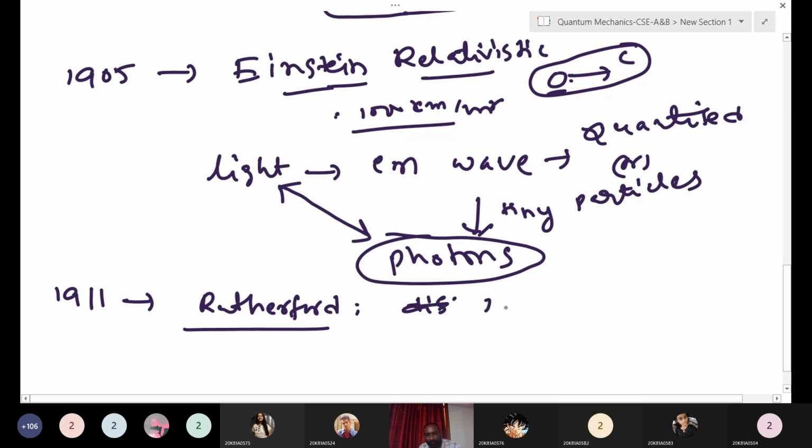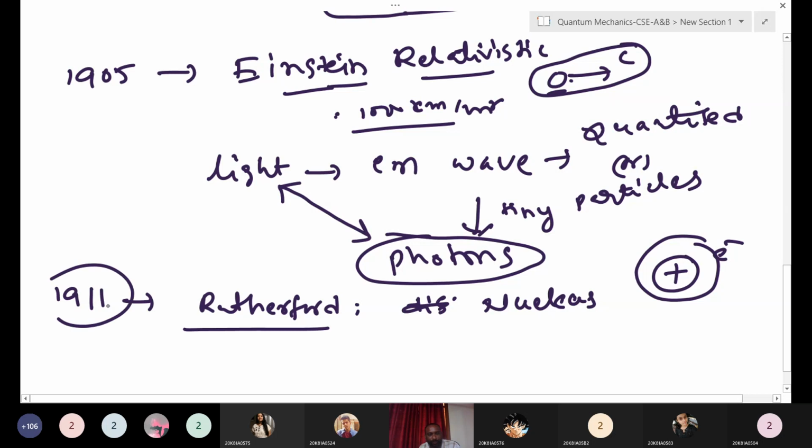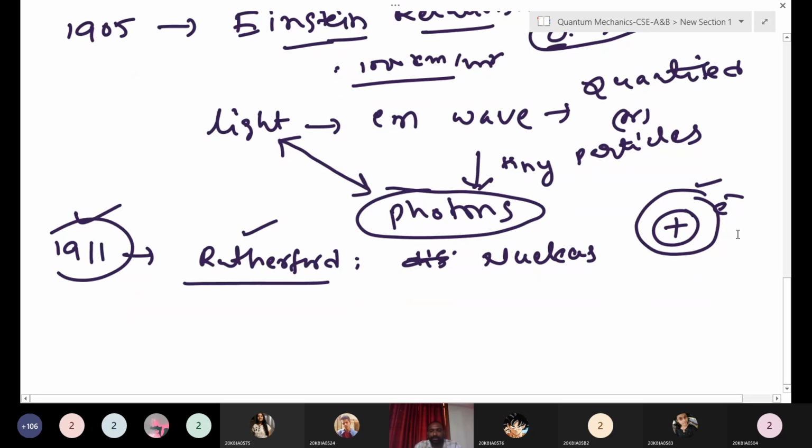Suppose there is a nucleus and the electrons revolve around the nucleus. Before 1911, we did not know there is a nucleus in every atom, or that electrons revolve around it. But in 1911, Rutherford came and proposed that the nucleus exists and electrons revolve around it.